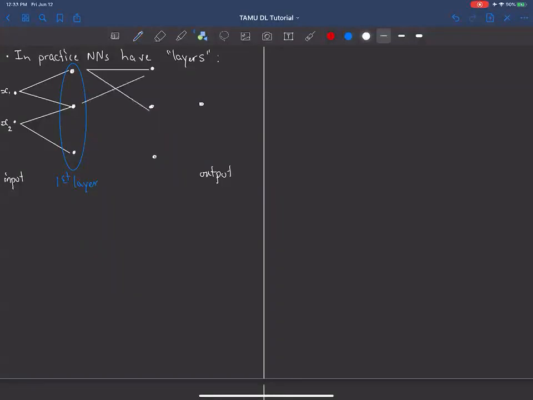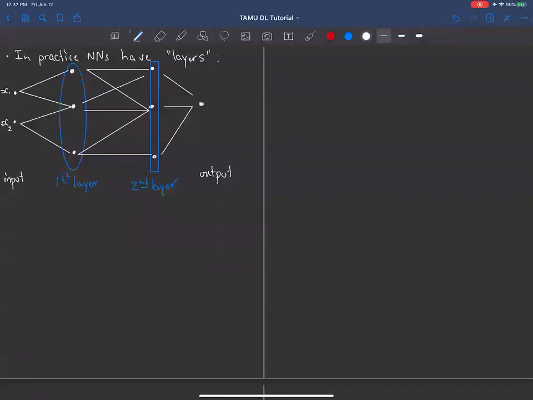Maybe it looks like this. And then you arrive at the second layer. Actually, let me put it in blue. So this is the second layer. And then finally, maybe everything is connected to the output node. Okay, so this would be a network that is divided up into layers. And it's a certain kind of wiring diagram.